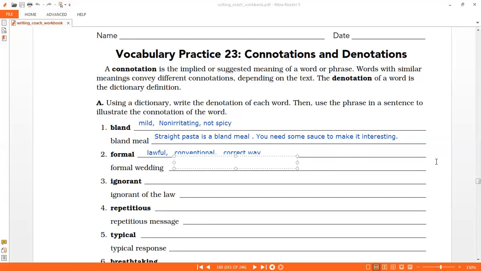Okay? So the phrase is formal wedding. And I made the sentence: invitations of the formal wedding were made very decent.